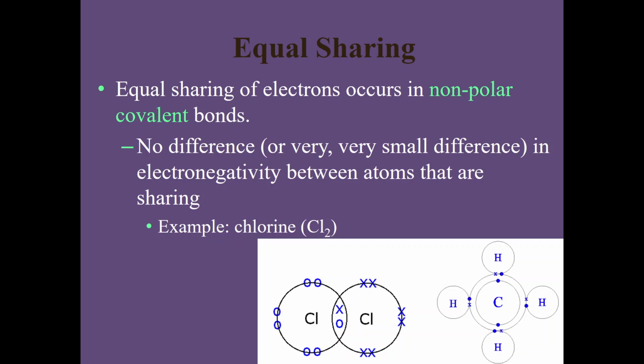There is no side that's more positive than the other. For example, CH4. If these were polar bonds, what side would be positive and what side would be negative? Well, hydrogen is all the way around it, so it would have the same shape no matter how you rotated it.